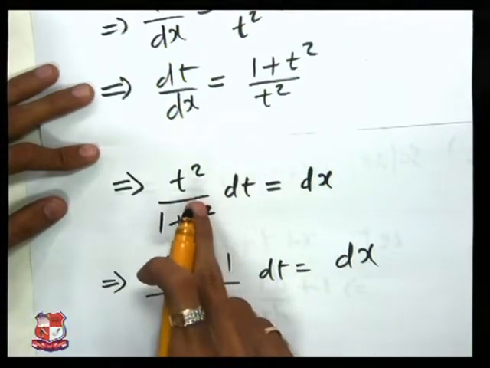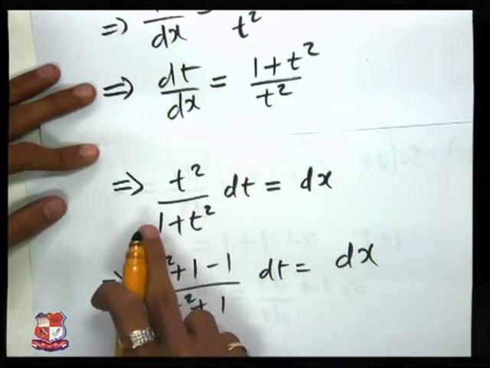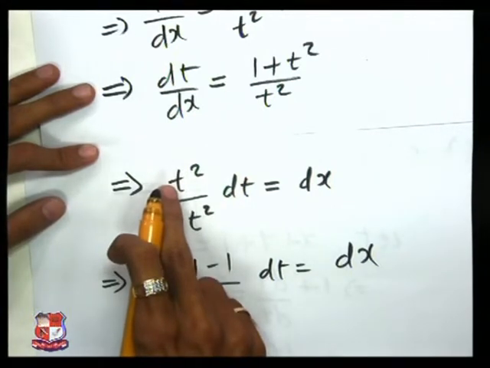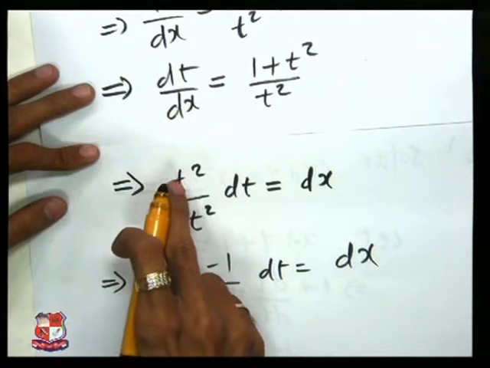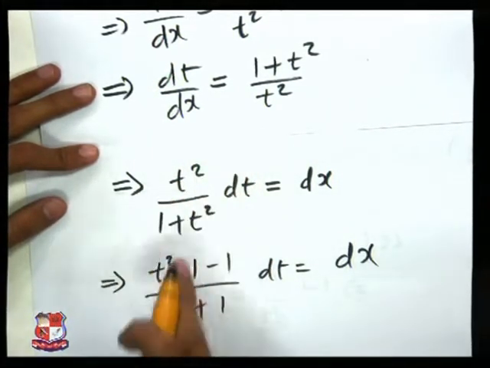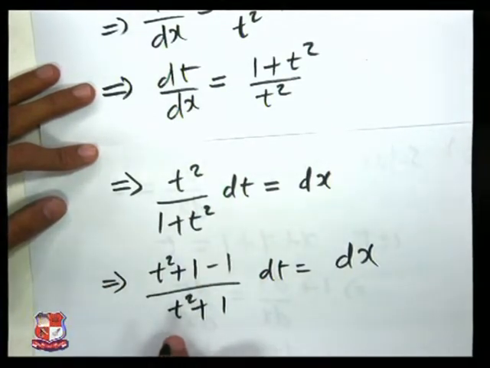If we want to integrate this one, because in the denominator we have 1 plus t square, I will try to put 1 plus t square in the numerator. So this is t square, so I will add plus 1 and subtract 1. So t square plus 1 minus 1 upon t square plus 1.